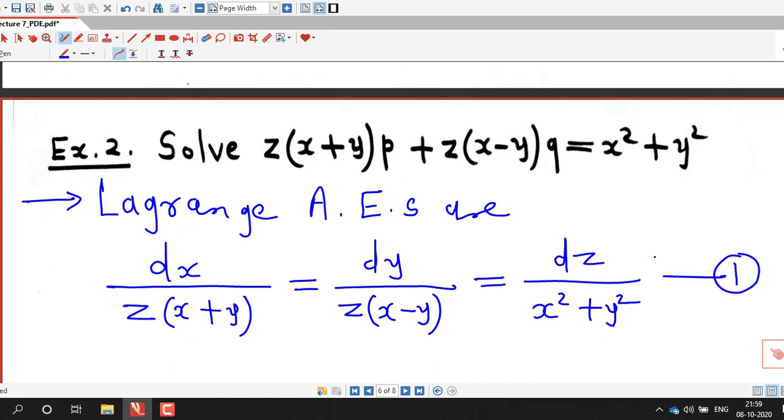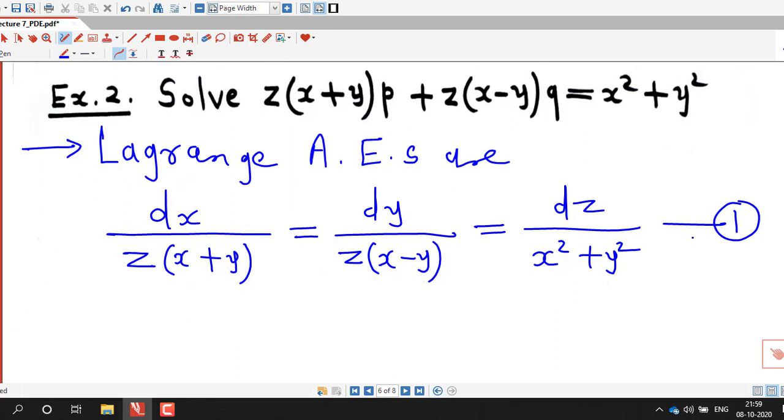Now we have to think whether we are able to compare any two fractions. So it is not possible here.